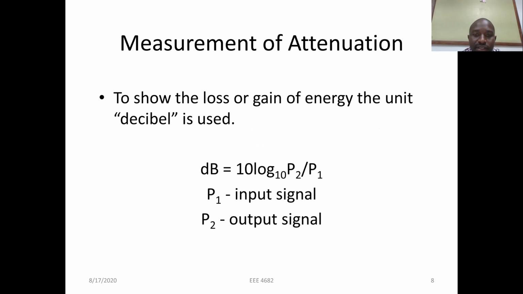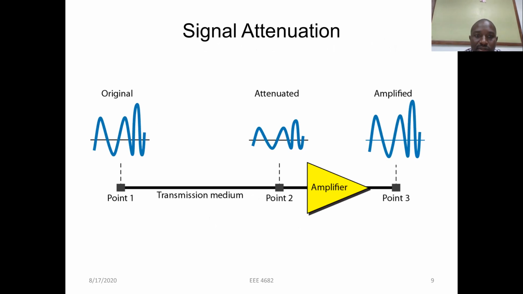Attenuation in decibels is simply 10 log P2 over P1, where P1 and P2 are basically the input signal and the output signal. If you look at the diagram given here, at point 1 you measure the power, which is P1. At point 2, you measure power, which is P2. And P2 over P1, expressed as a log to the base of 10, multiplied by 10 gives you the attenuation at point 2.